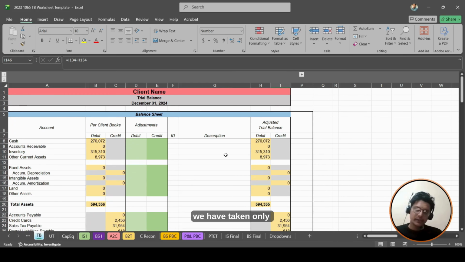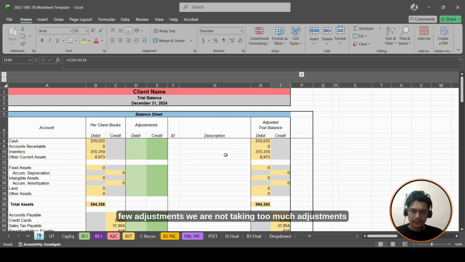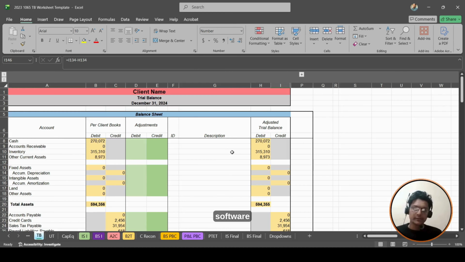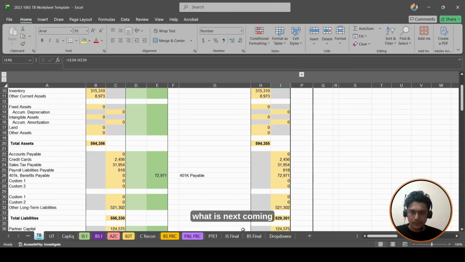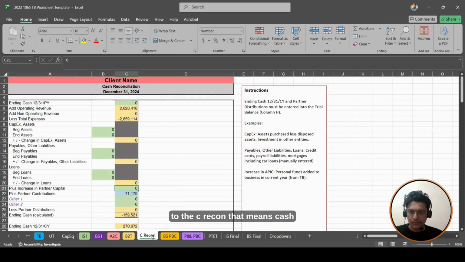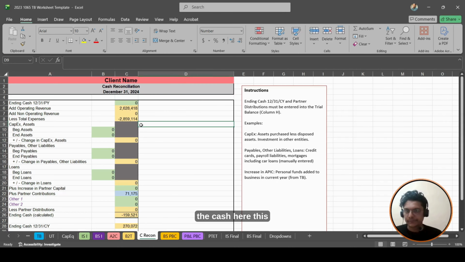For example, we have taken only a few adjustments. We are not taking too much adjustments, just because we have to move to the software input. We have to input the data into software and finalize the return. Coming to what is next? Coming to the C recon, that means cash reconciliation. We can add the cash here.